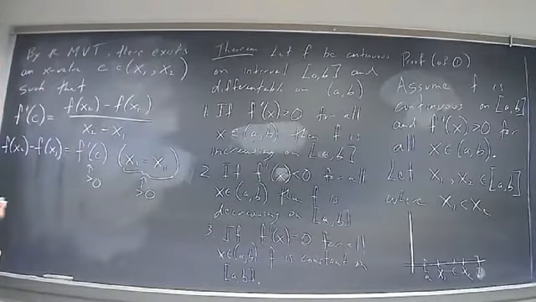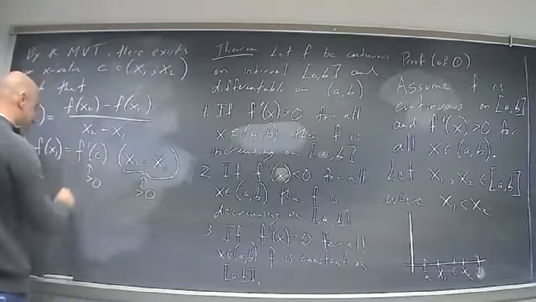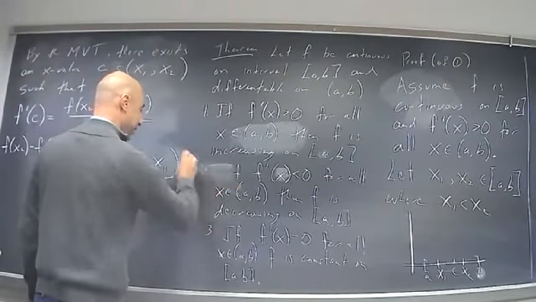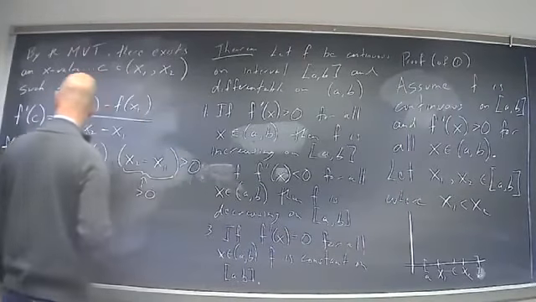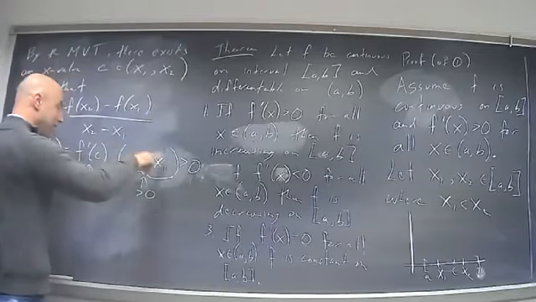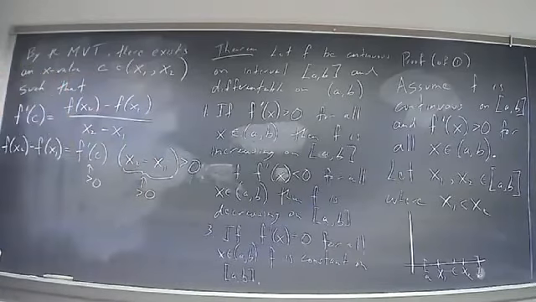A positive number. So the product of these two things, this whole thing, is greater than 0. So f of x2 minus f of x1 is greater than 0, because this was positive and this was positive.